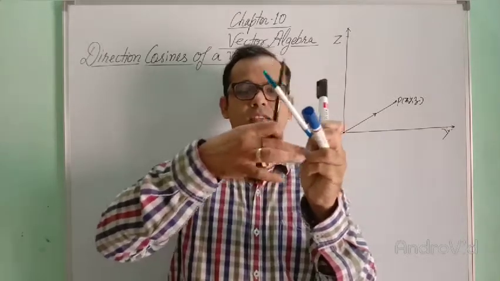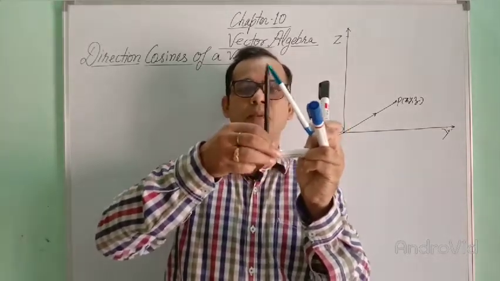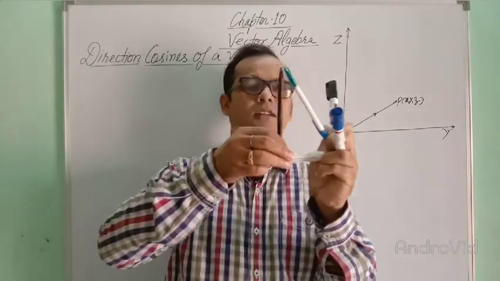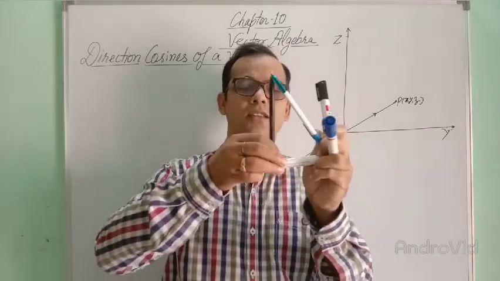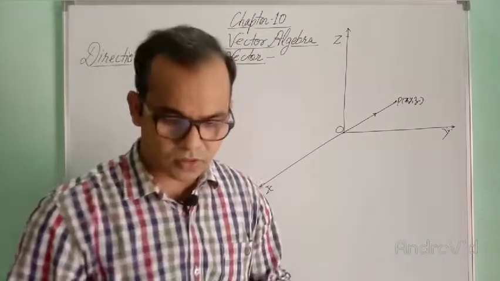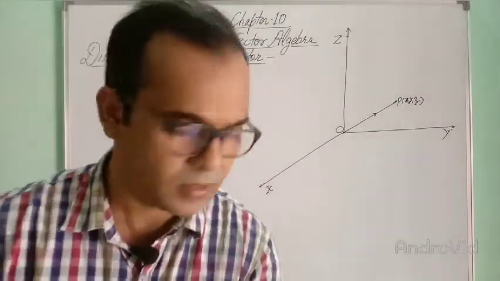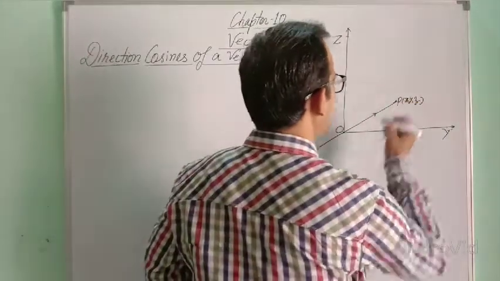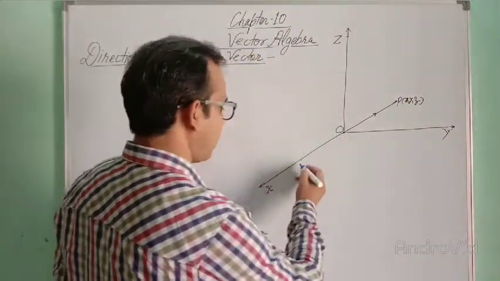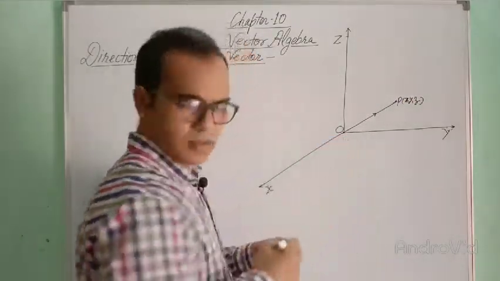In this figure, if we draw the perpendicular from point P, then the distance covered along the x-axis is small x.